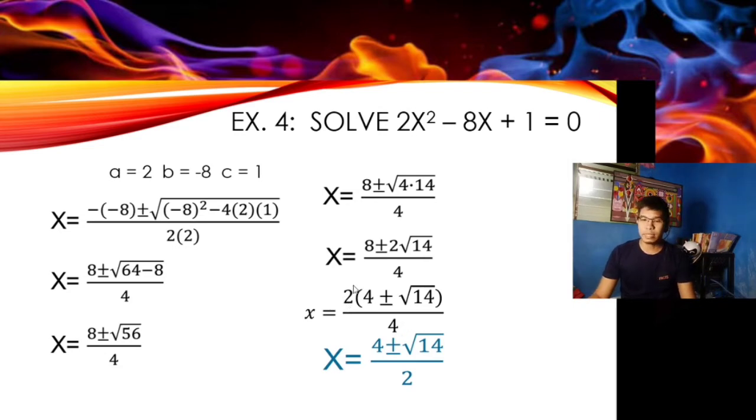We can cancel this 2, and then this 4 will become 2. And then the remaining equation is now x equal to 4 plus and minus the square root of 14 all over 2. So the solution is an irrational solution or irrational roots. So we have here 2 unequal irrational roots.